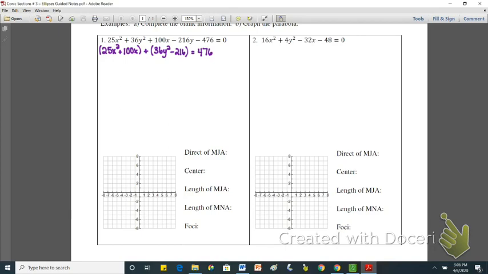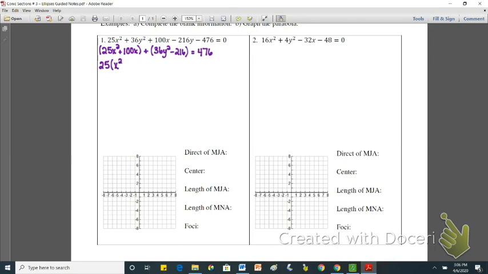Next, just like we did completing the square before, I can't complete the square if I have a coefficient. So I need to factor out. Now I'm not going to move it to the other side, I am just going to pull it out. So what does this first one have in common? 25. So I'm going to factor out a 25.